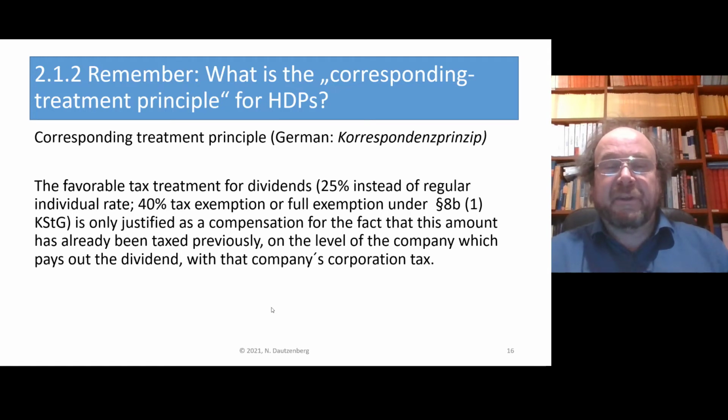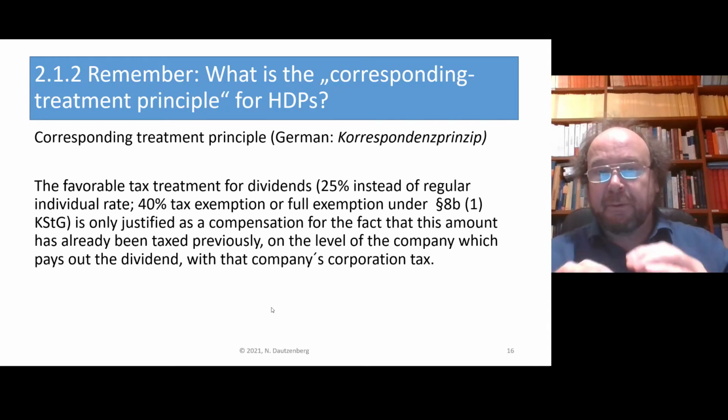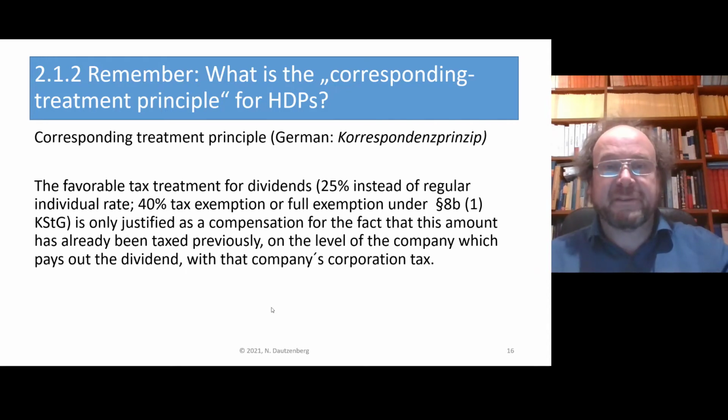Now you can see with an openly paid dividend, that's rather implausible. But when there is a hidden profit distribution, it might happen that during the tax assessment of that corporation which pays out the hidden profit distribution, the hidden profit distribution is not identified as such. And for example, that the excessive amount of a wage is accepted erroneously as a wage and so as an expense.